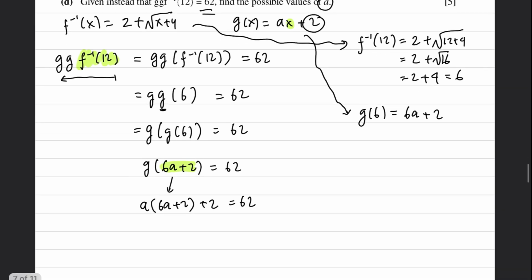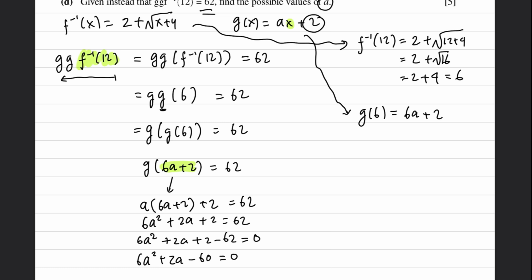Now from here we can just solve it. You will get 6a squared plus 2a plus 2 equals to 62. And you will have 6a squared plus 2a plus 2 minus 62 equals to 0. Now we have minus 60 equals to 0.